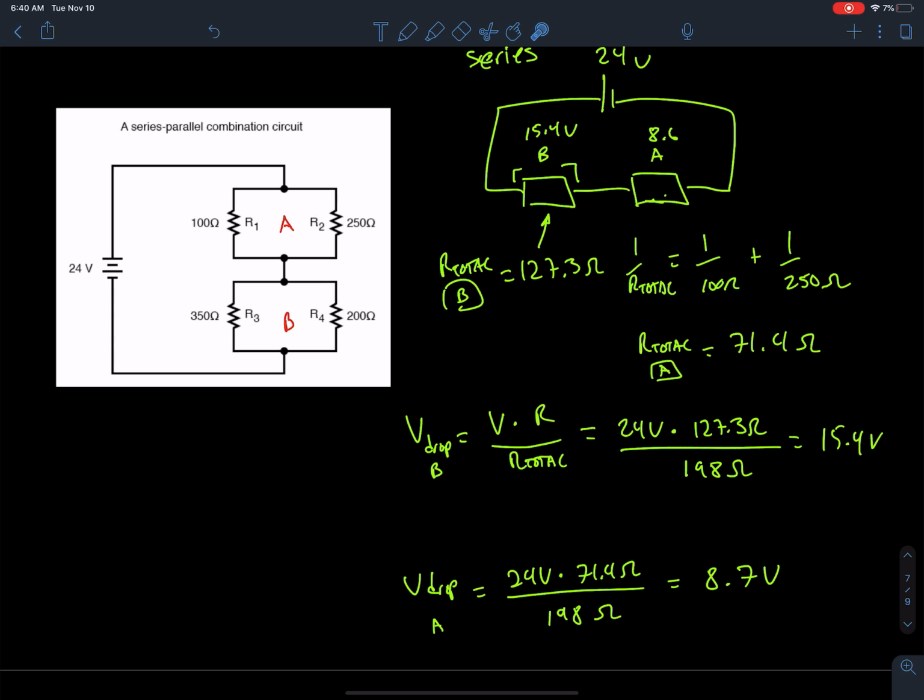So that worked out. So this is 8.6 volts, and this is 15.4 volts. Add those together, and that makes up 24 volts.